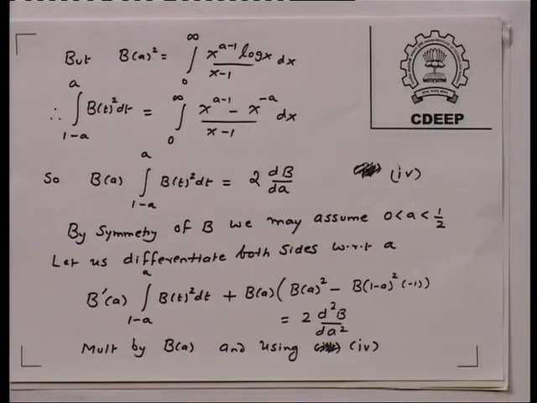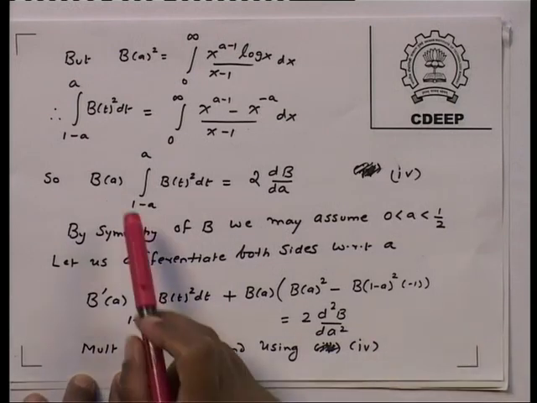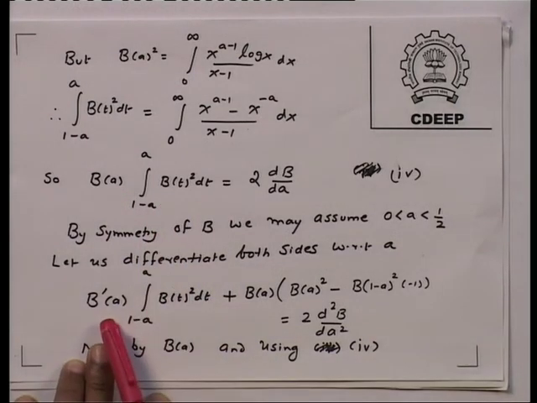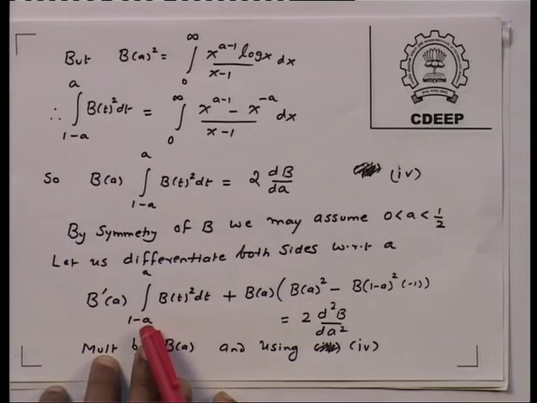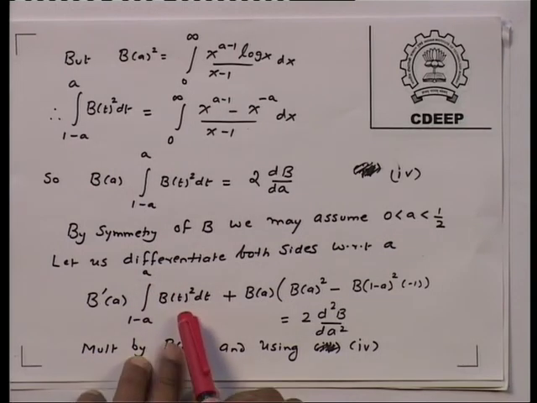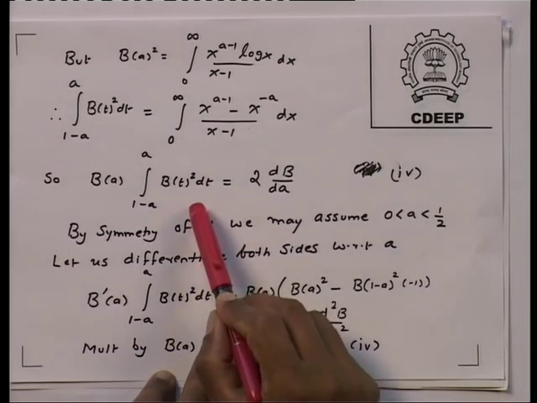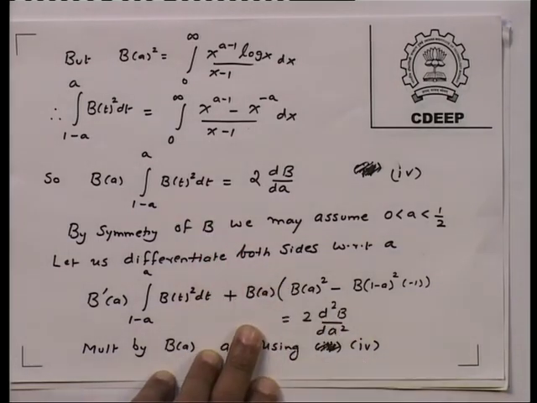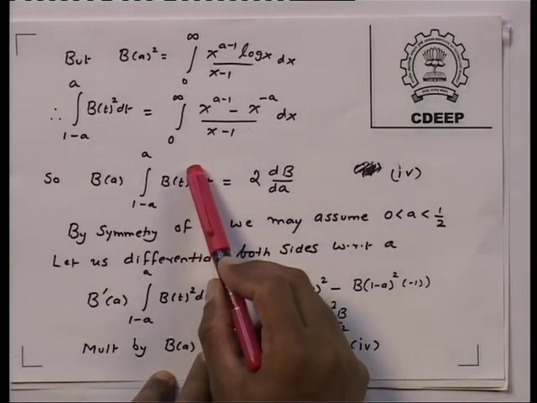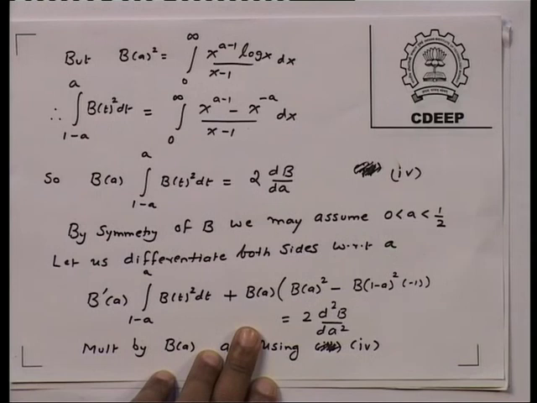Apply the rule here. Differentiate it. There are going to be two terms: beta prime of a times the integral from 1 minus a to a of B(t) squared dt, plus B(a) times the derivative of this. There will be how many terms? 3 terms, but no term coming from inside, so there will only be 2 terms, correct.